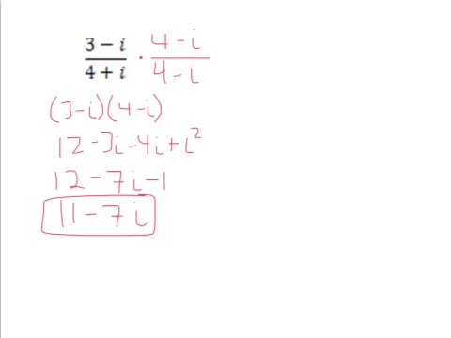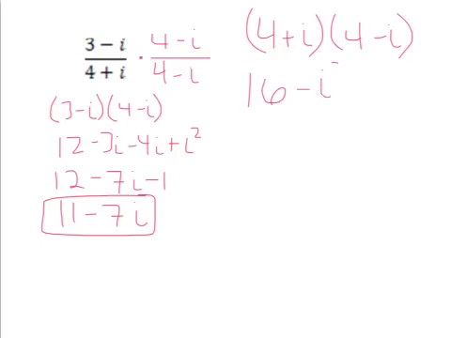My denominator, I'm going to do 4 plus i times 4 minus i. Now when I multiply these, I get 16, and I already know that the middle ones are going to cancel. 4 times negative i is negative 4i. 4 times i is positive 4i, so negative 4i and positive 4i will cancel. I'm left with negative i squared. So I get 16 plus 1, because i squared is negative 1, and it's negative already.